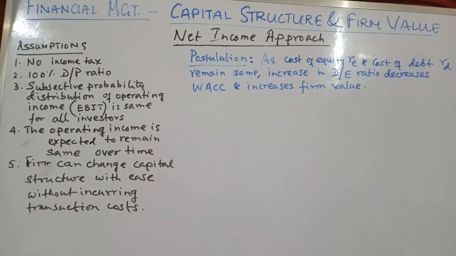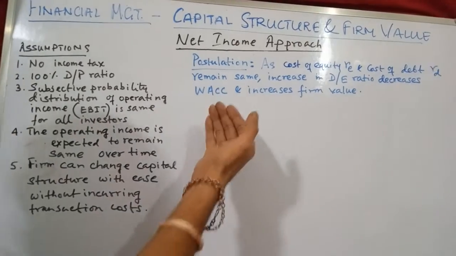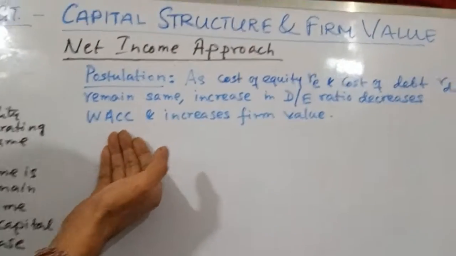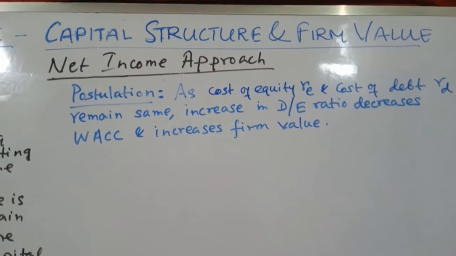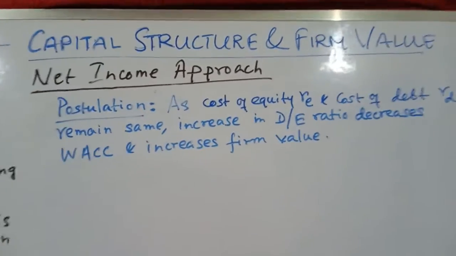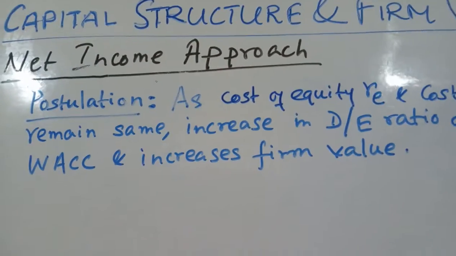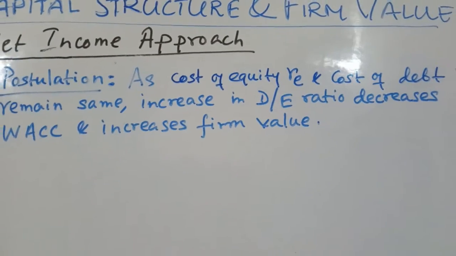Now we shall take a numerical example to see what the postulations lead us to. I am erasing some parts so that I can proceed with the numerical example. We will take two firms.